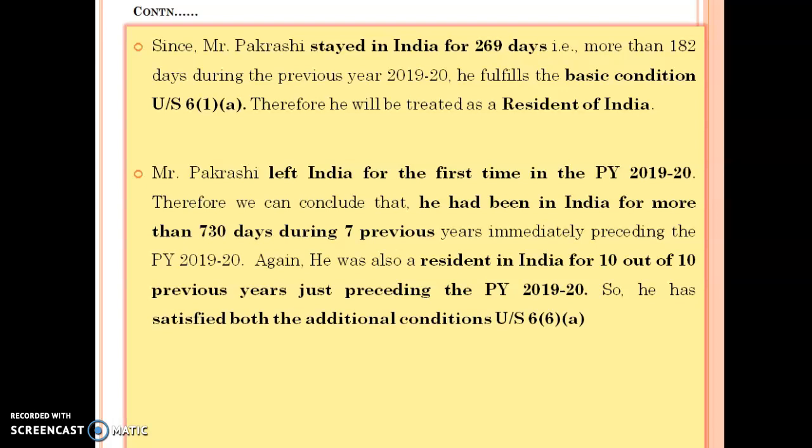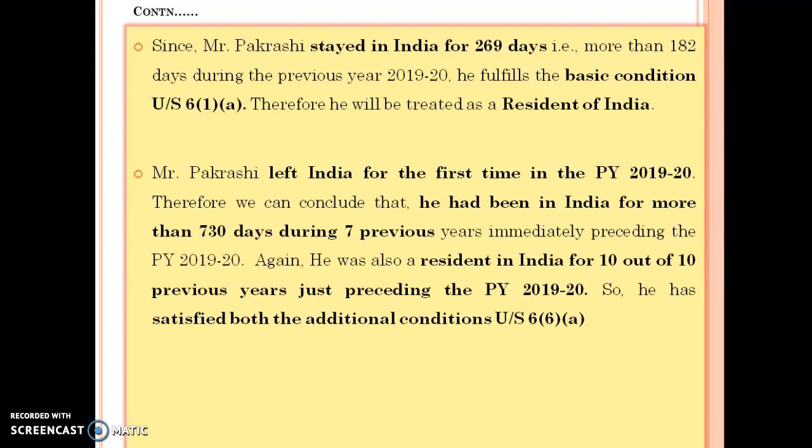Now, he left India for the first time. That means in the last 10 years immediately preceding the previous year 2019-20, he was a resident for 10 out of 10 previous years. So he fulfills both the conditions.